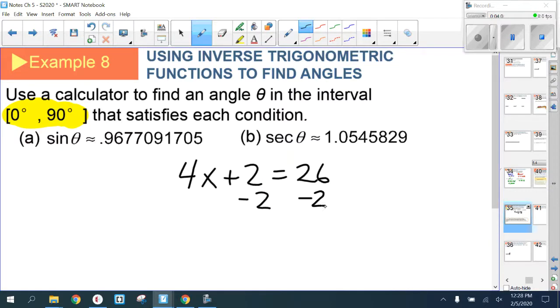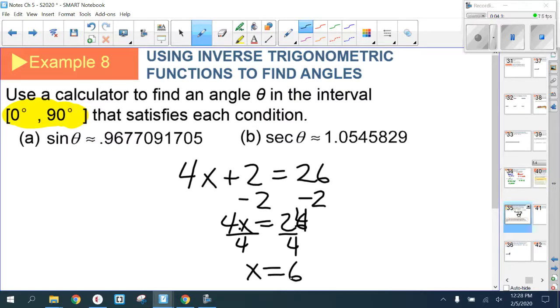You'd subtract the 2 to get rid of the plus 2, and you would divide by 4 to get rid of the times 4. You guys are on autopilot. Whoops, that's 24, right? So divide, and then you get 6. You've done that a million times.